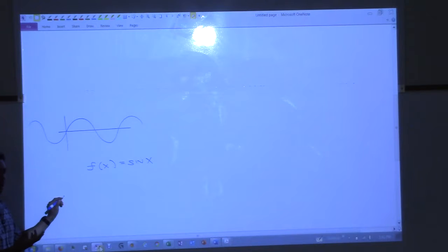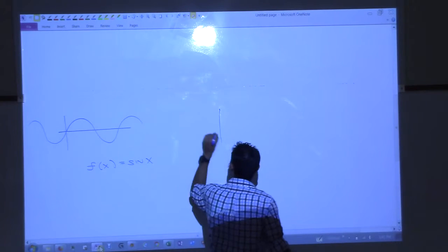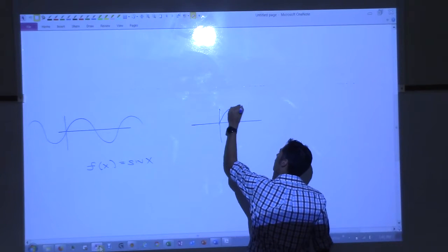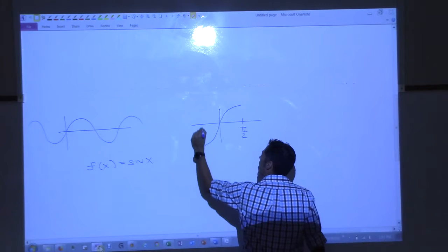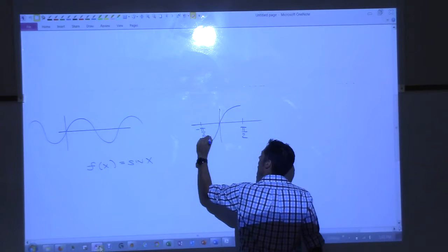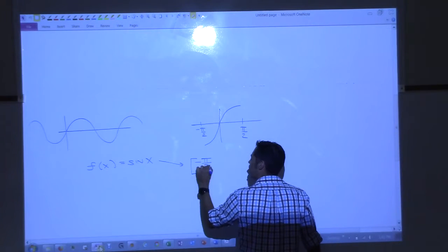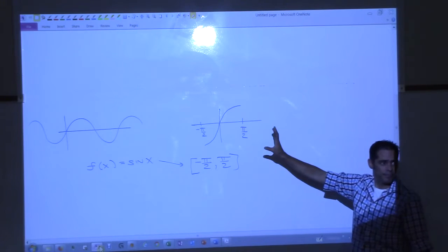So to get around that, we cut our picture and restricted the domain. If we restrict the sine function between negative pi over 2 and pi over 2, then we get that picture.